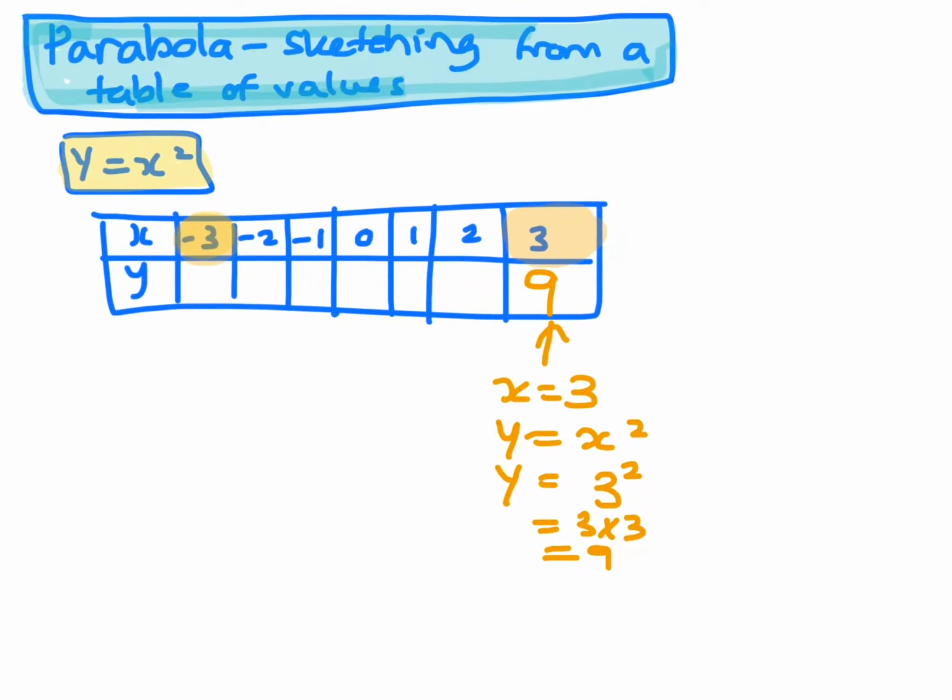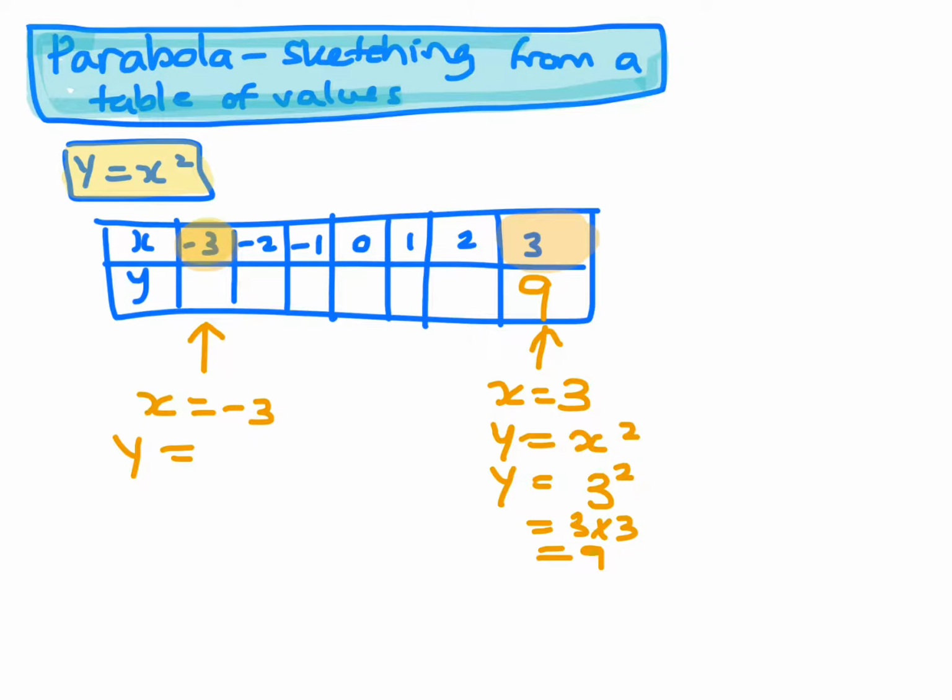Now, a parabola is actually symmetric, so this side should turn out to be exactly the same. So we're going to put that in straight away just so that I can show you. If you put -3 in there, you go y equals (-3) squared. Notice that I have put brackets around the -3.